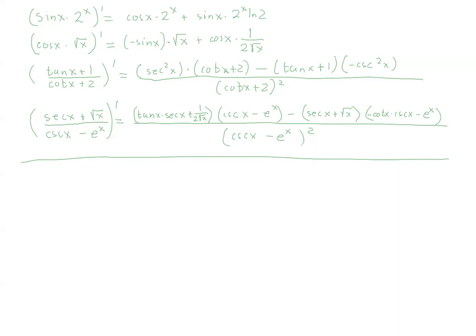So let's suppose that we have something like the derivative of 3 to the x sine x minus tangent x over 2 to the x cosine x plus secant x. Pause the video and try to find this.